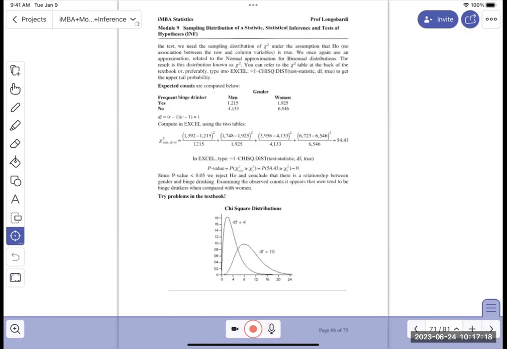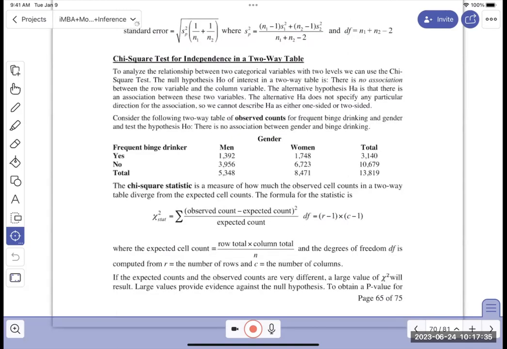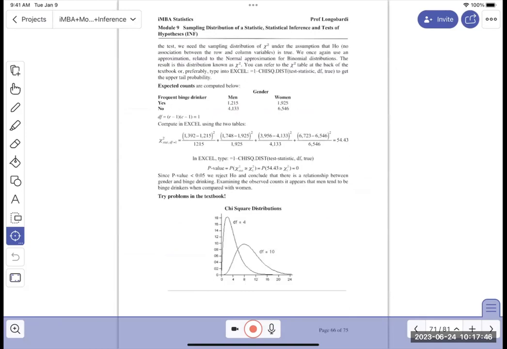Do I do that here? So these are the expected counts here. Just looking if I have the formula for the expected.